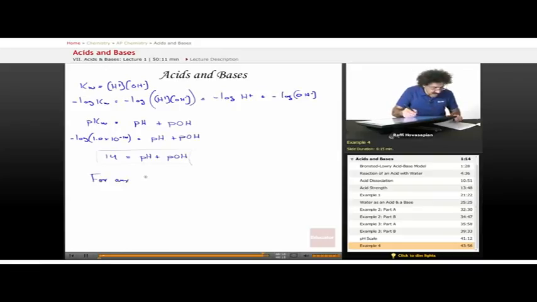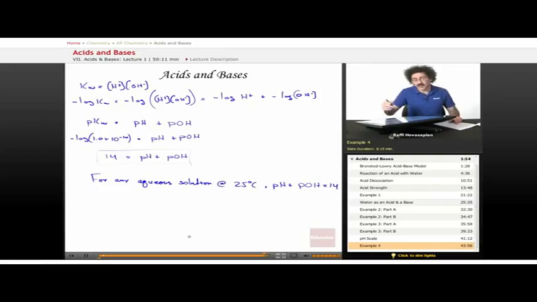So for any aqueous solution at 25 degrees Celsius, the pH plus the pOH of the solution equals 14. This is just a restatement of the fact that the H plus concentration times the OH minus concentration equals 1.0 times 10 to the negative 14.